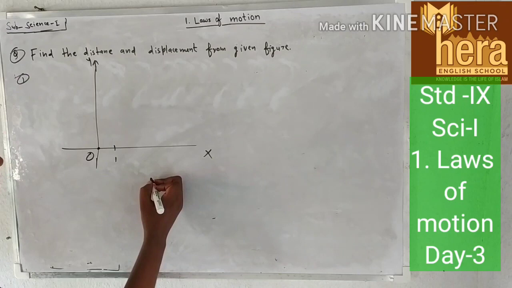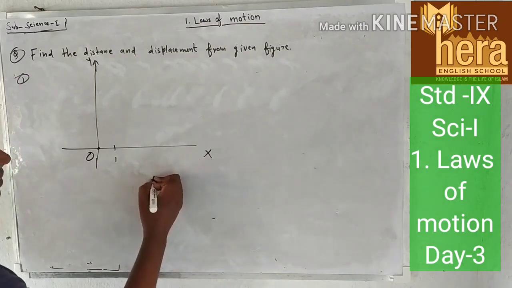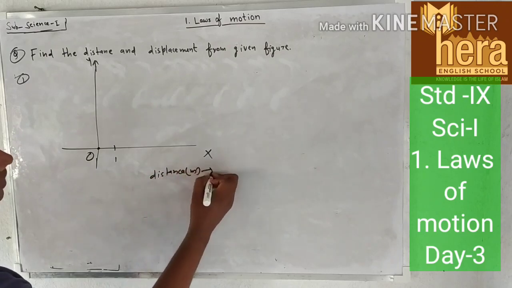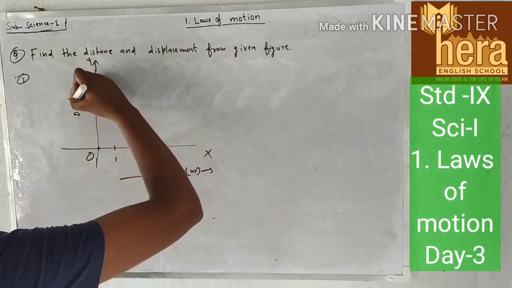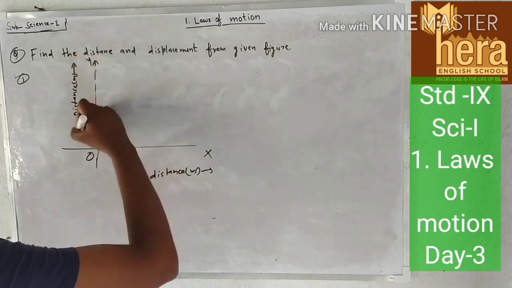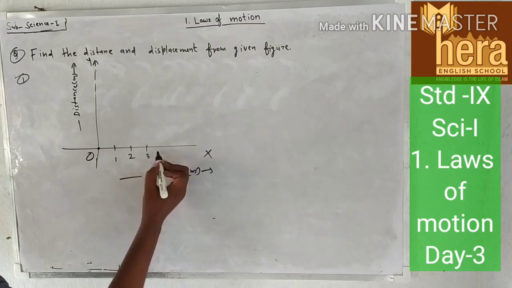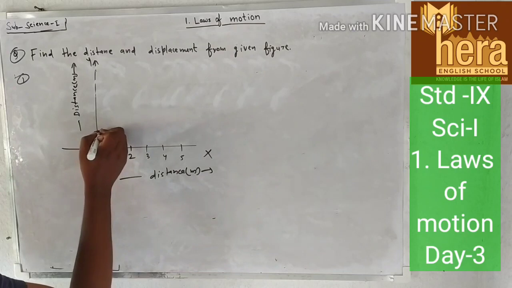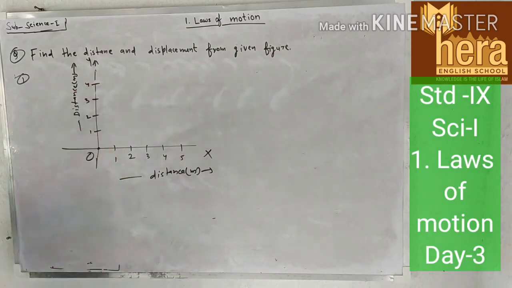Here, distance is in meters. Here also distance is in meters. 1, 2, 3, 4, 5. 1, 2, 3, 4.